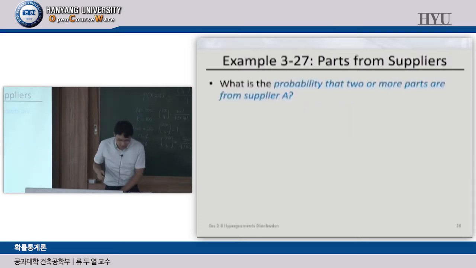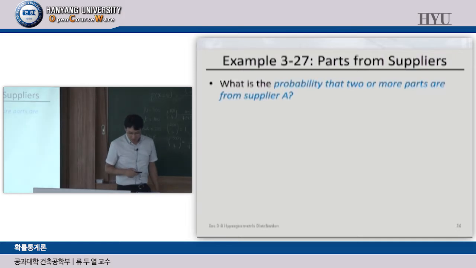And in this case, what is the probability that 2 or more parts are from supplier A?